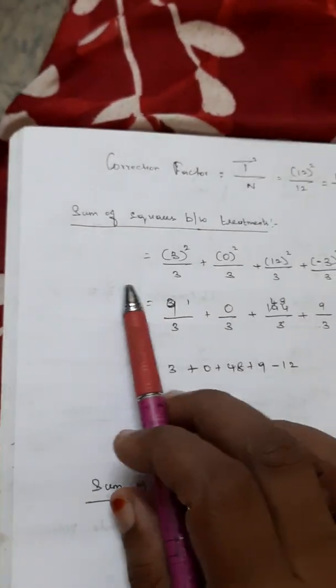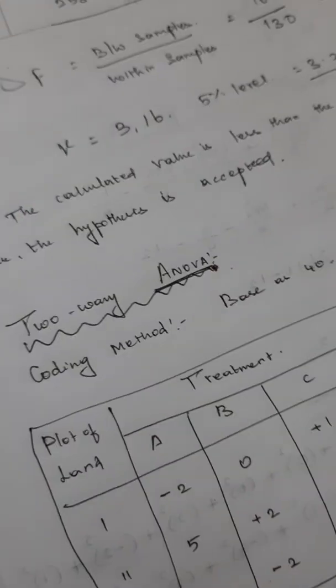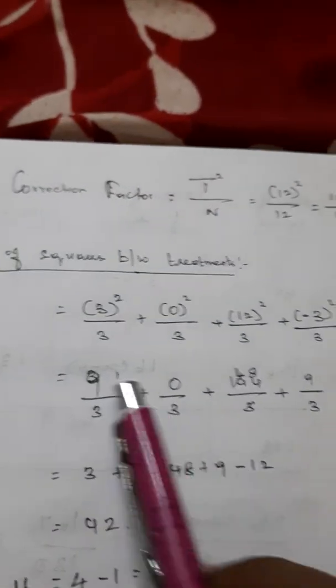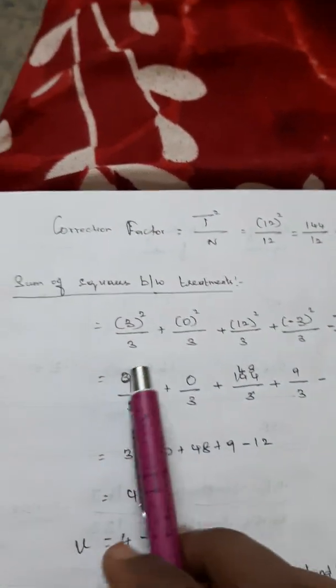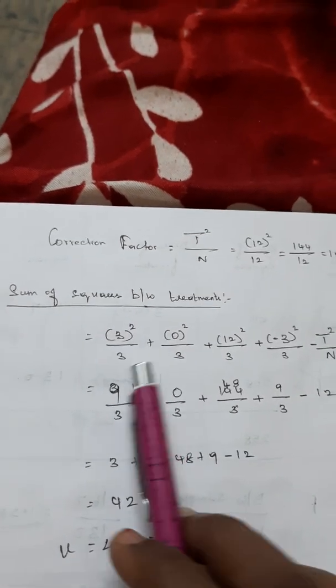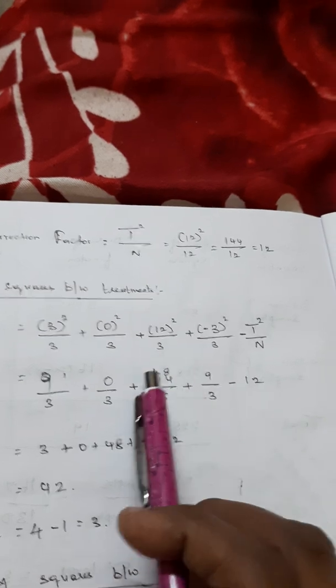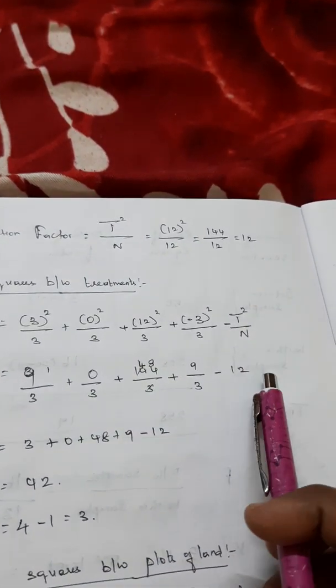Then the second calculation, sum of squares between treatments. Each treatment is considered to be a column. The column totals are 3, 0, 12, 3. So the sum of squares is 3 squared by 3, 0 squared by 3, 12 squared by 3, 3 squared by 3, minus the correction factor 12.